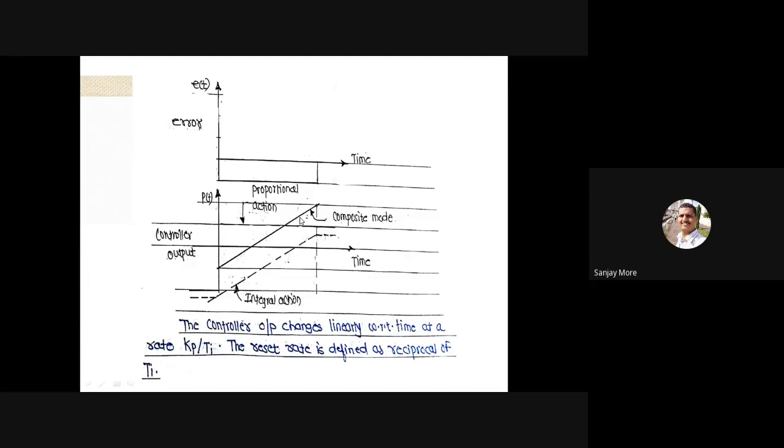This is composite mode, this is proportional mode and this is integral mode. This is proportional action, this is integral action, and in between proportional and integral, composite mode will be there. Okay, so draw these two graphs.